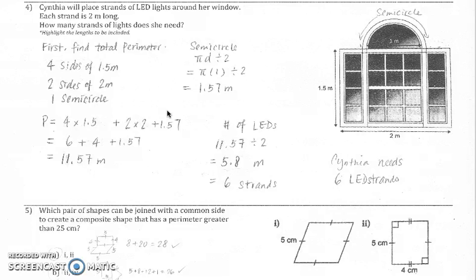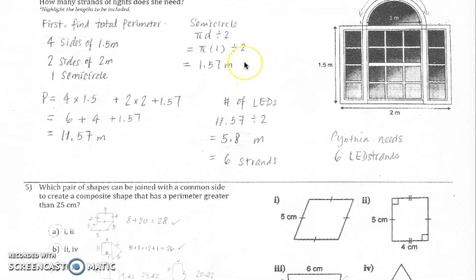So let's calculate the length of the semi-circumference. Knowing that pi d is the formula to calculate circumference, for a semicircle, we have to divide pi d by 2. We are given that the diameter of the semicircle is 1 meter. So here we have pi times 1 divided by 2, which is 1.57 meters.